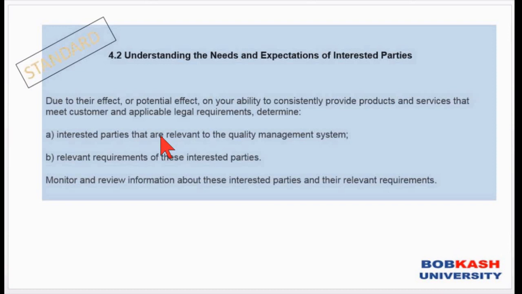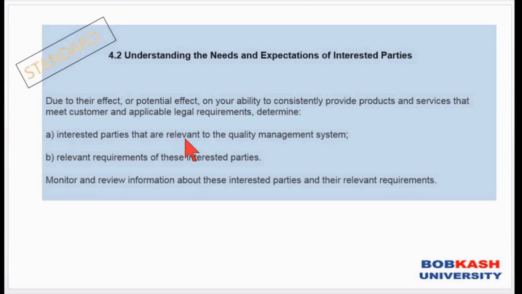Now you have an interested party which affects or can affect the organization's ability to provide services and products as per customer requirements, but this interested party is not relevant to the quality management system. So these interested parties we are not talking about.